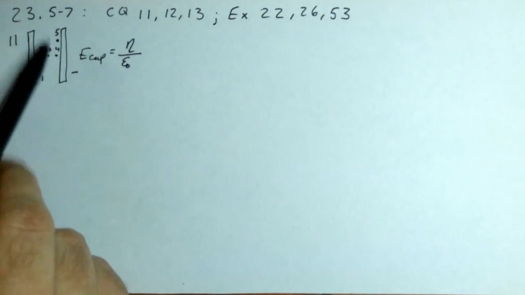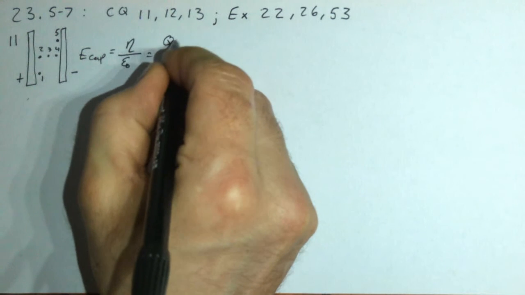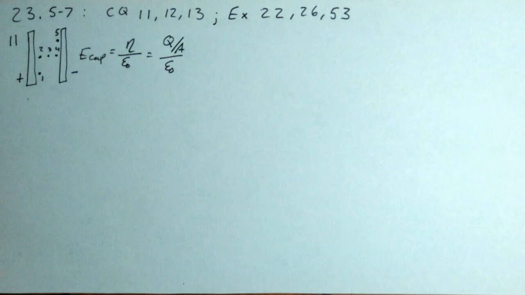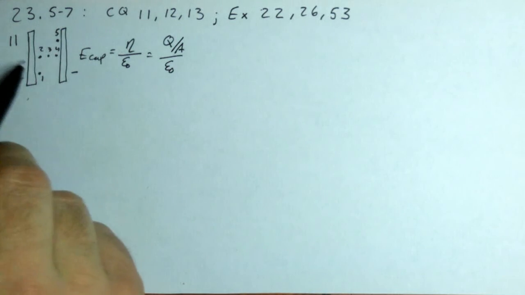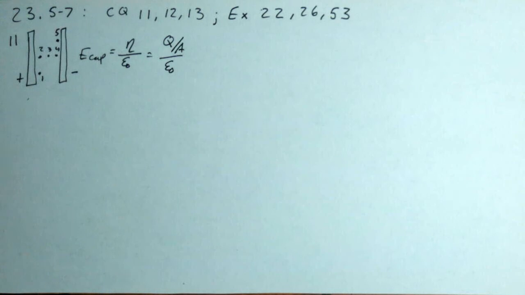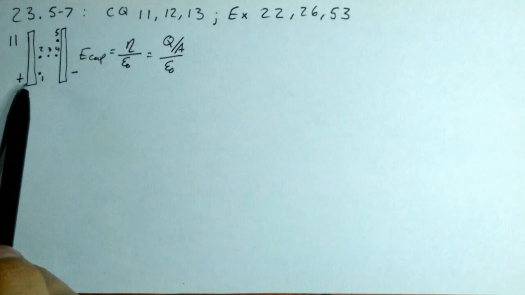So it has no position dependence. Okay, and I like to just write that as Q over A over epsilon 0. Okay, so here we see that it is constant. This does not depend on position at all within the capacitor. So the answer would be that all the electric fields 1 through 5 are all equal.